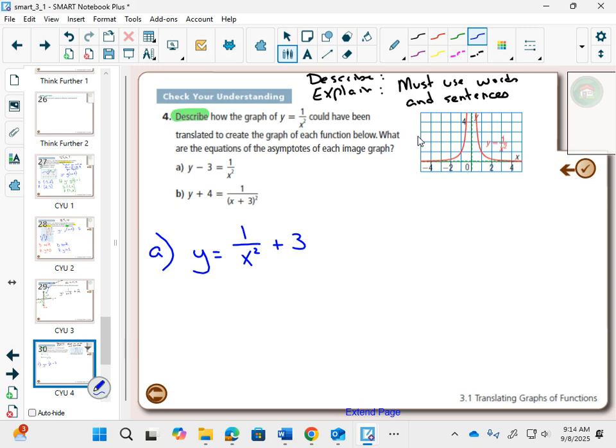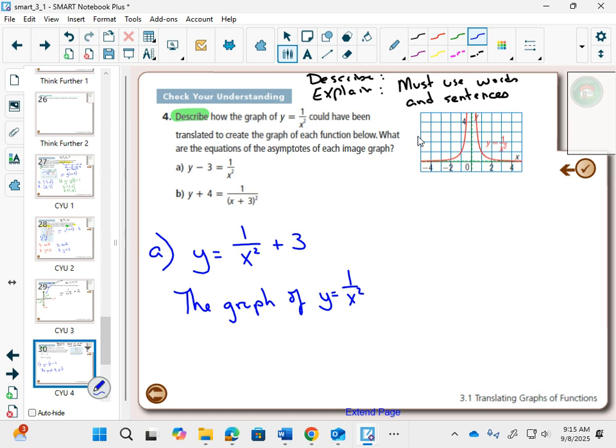So describe how the graph could have been translated to create the graph of each function below. I see that plus 3. That's a vertical translation 3 units up. So I'm going to write that in a sentence. In the sentence you are able to use and write equations down. It's not like they'd have to cover that up.